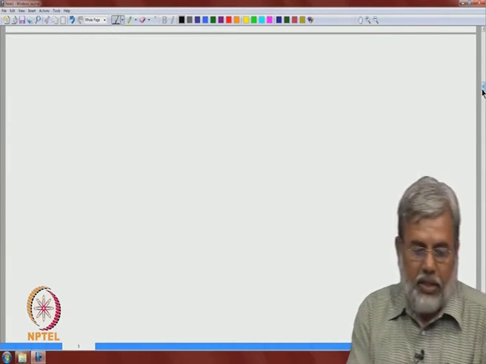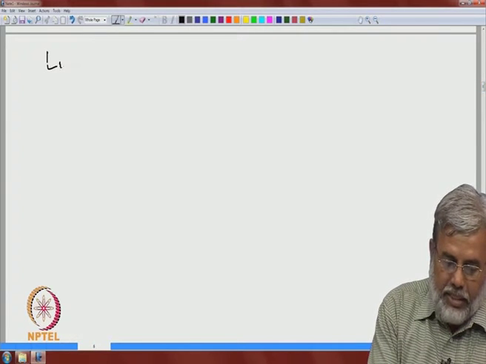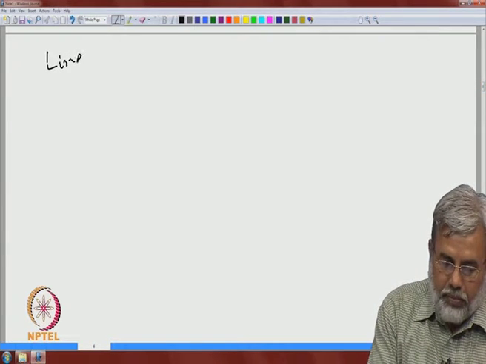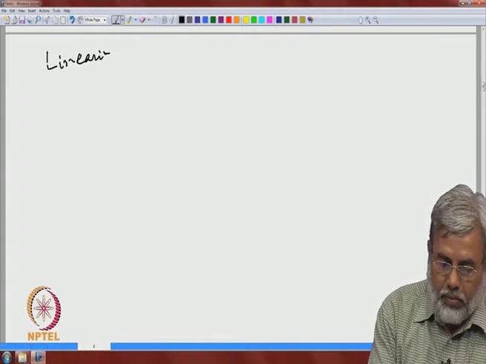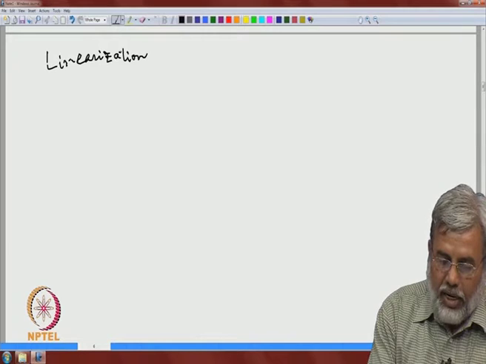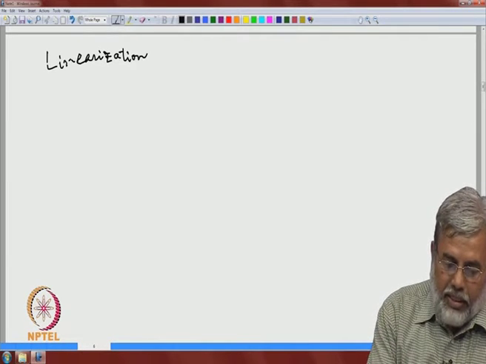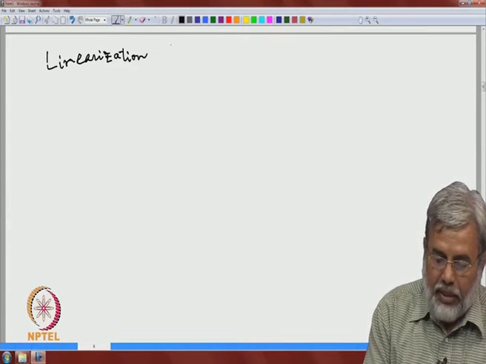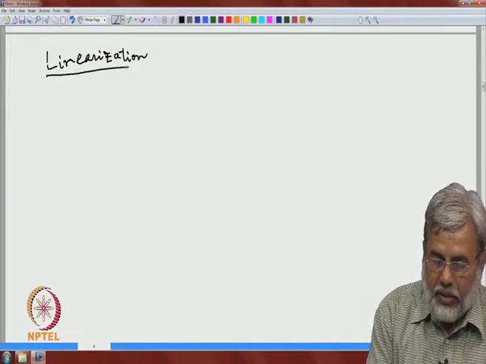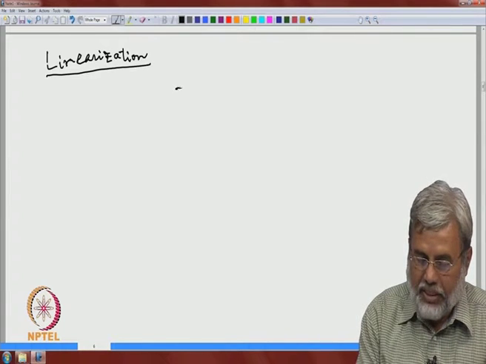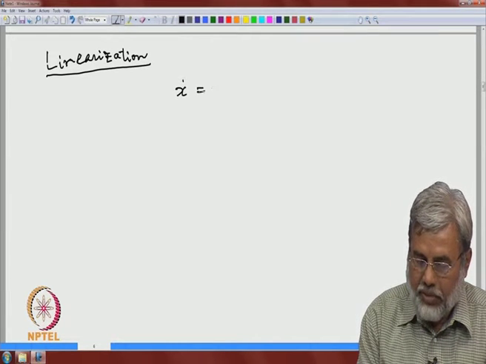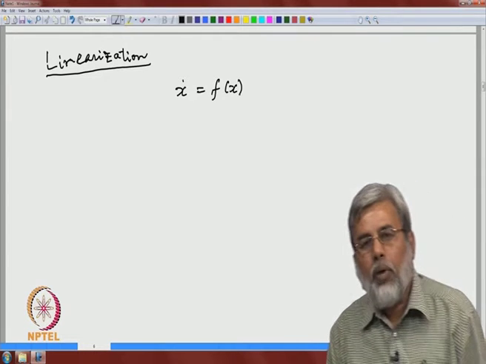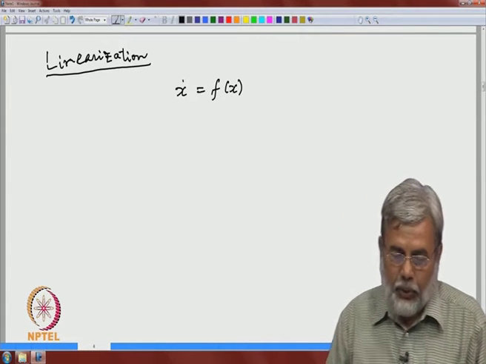And this is called the linearization process. This is the first step in understanding the stability of equilibrium points of a nonlinear system, linearization. So, what does that mean? We are given this general system, our f of x, and we want to convert this to a linear system.